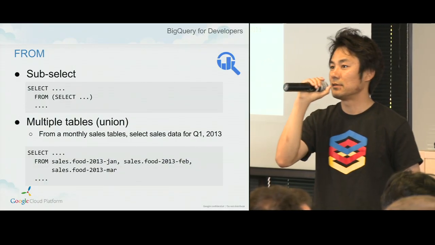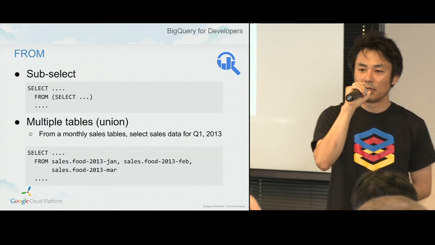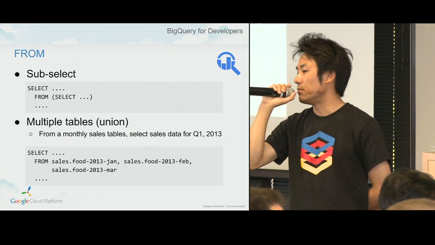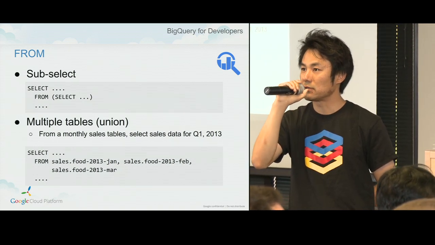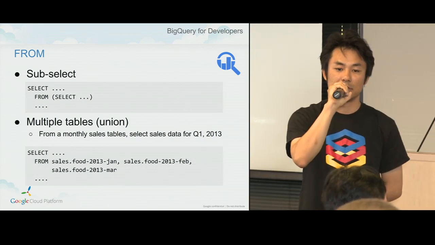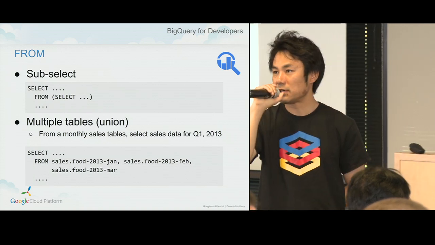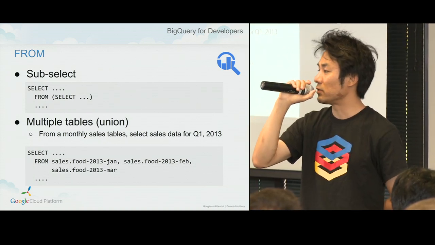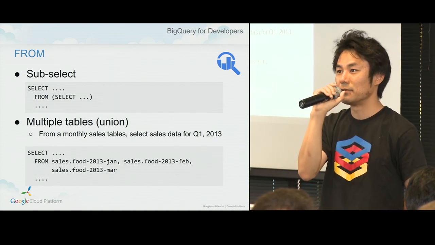Okay, from. So from allows subselect. Select from, select blah, blah, blah. But BigQuery output is limited to 128 megabytes total, and that also applies to the subselect. So if your subselect statement returns bigger data than 128 megabytes, it's going to fail.